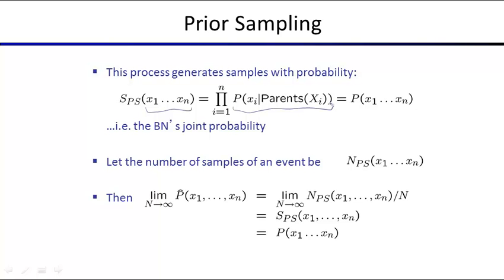You can show from probability theory that if you estimate the probability of an event in this way, however often it's true in the samples divided by the total number of samples, in the limit of infinitely many samples, you will converge to the right number. Any questions about this?